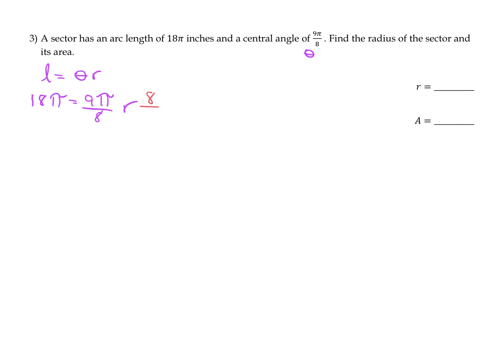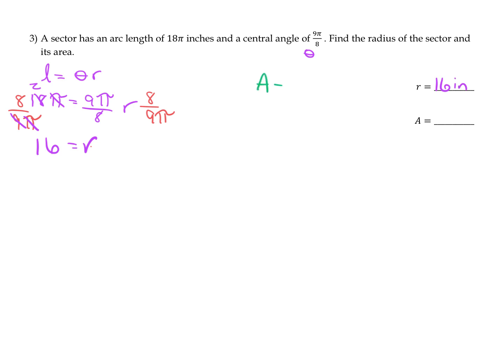I'm going to multiply by the reciprocal, which is 8 over 9 pi, so that gets my r by itself. Now the pi's are factored out. 9 goes into 18 twice, so 2 times 8 is 16. So my radius is 16 inches.